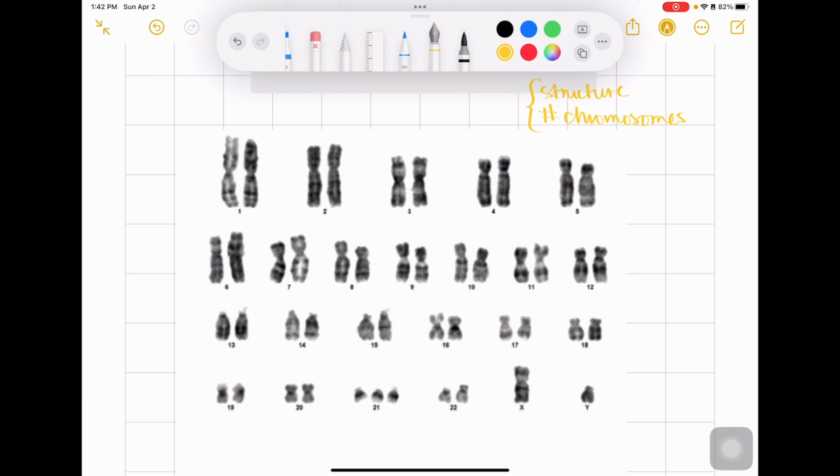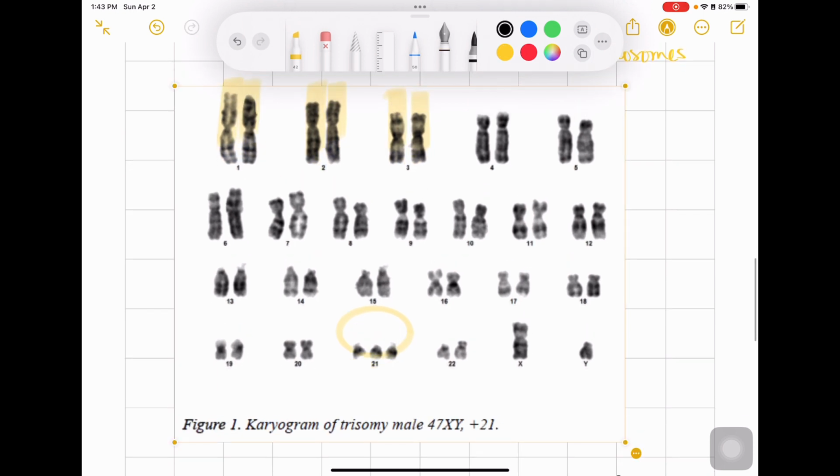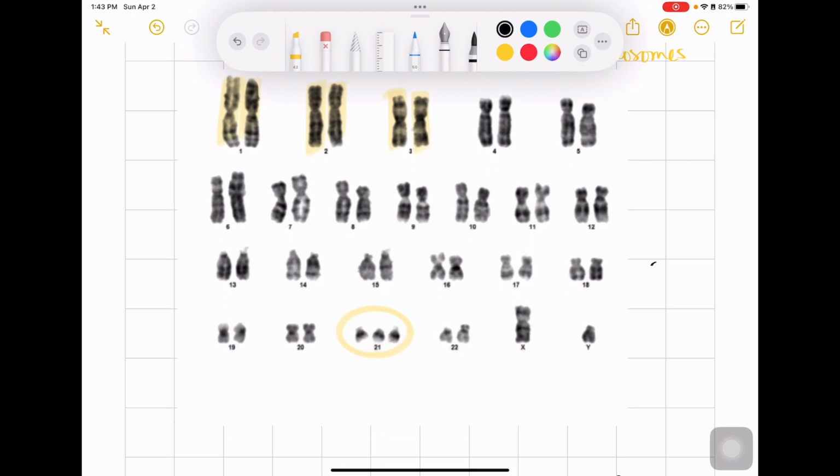Okay, so what we can notice about this karyogram is that there are 3 chromosomes in the number 21. Right? Look, all of these have 2. 1, 2, 1, 2, 1, 2. This one has 3. So this is actually a chromosomal abnormality called trisomy 21, which can also be denoted as Down syndrome.